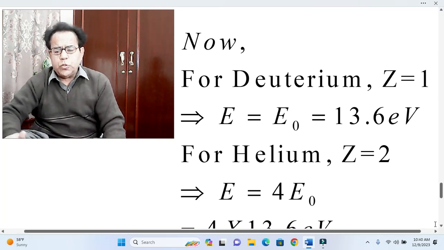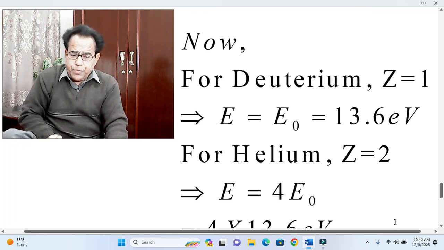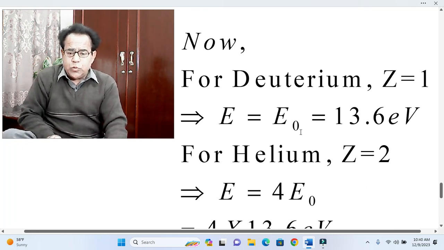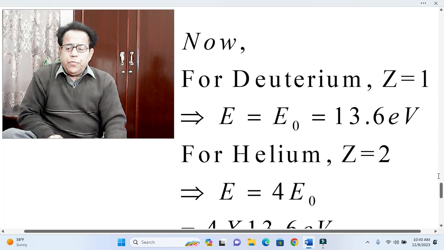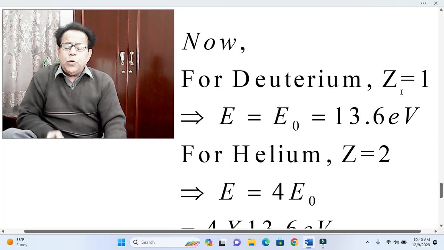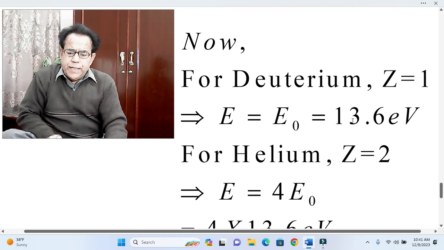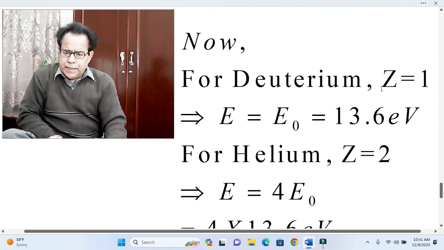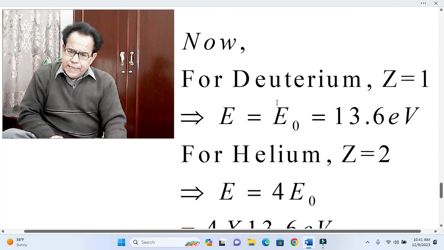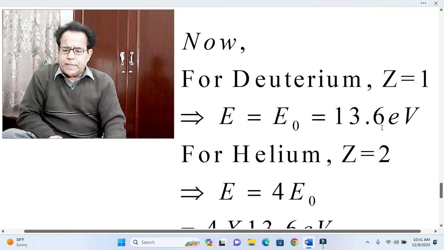different values of E. This implies that E is equal to E naught is equal to 13.6 electron volt. Because dear students, when we put Z equal to 1, then 1 square is 1, so E has become equal to E naught. So in case of deuterium, where atomic number is unity, E is exactly equal to E naught, and hence 13.6 electron volt.